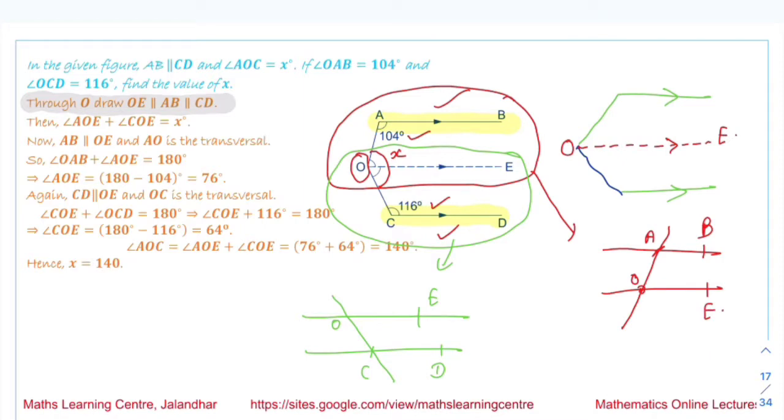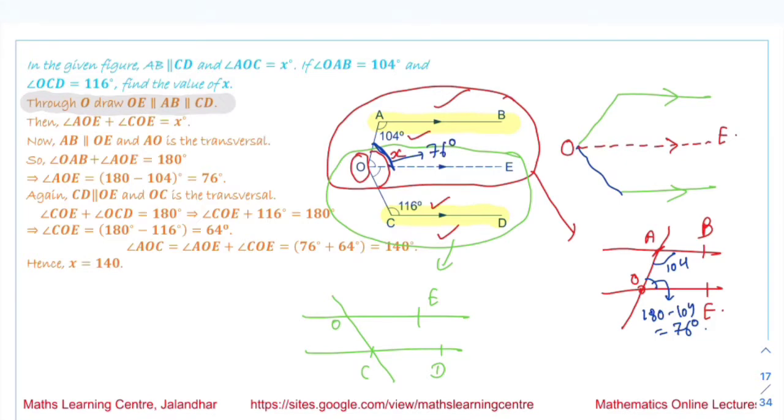Now this angle is 104. So the corresponding angle will be 180 minus 104, which is equal to 76 degrees. So this angle is 76 degrees.